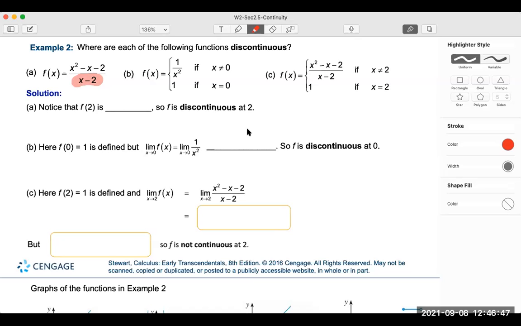Question B. f at 0 is equal to 1. Why do we know that? It's given here, right? In the definition of a branch function. So we know it is defined.